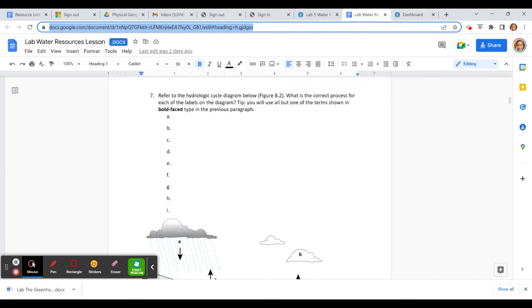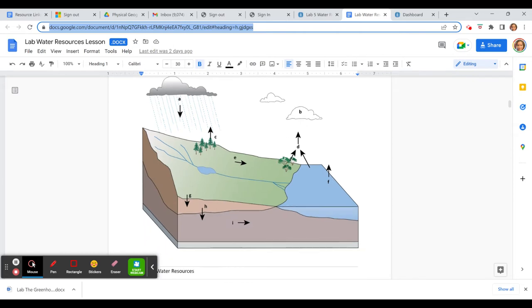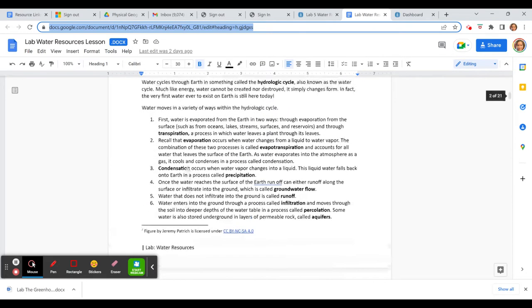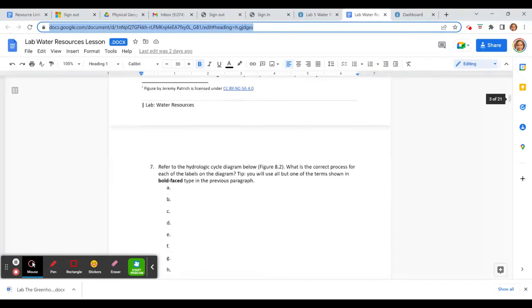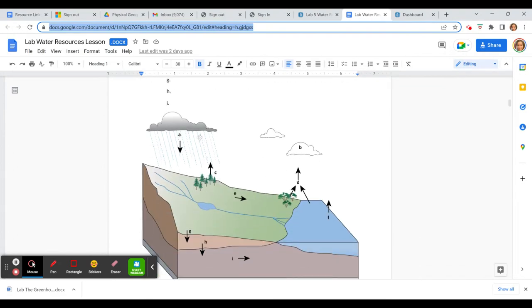One of the first things you're going to do in your lab is use this diagram to fill in A through I and go through the process of using the terms that I've just gone through, filling in the bolded terms into each of these slots. So for a minute, try to think of what word you would put in for A?